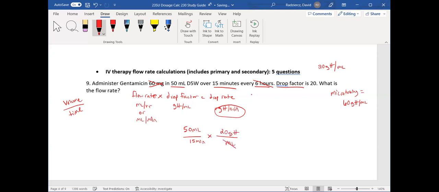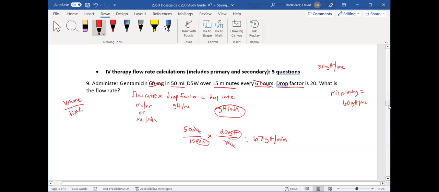And you can see that it's going to leave us with what we're looking for, drops per minute. So 20 times 50 divided by 15 gives me 66.6 repeating. Now, we can't give someone a partial drop, so you're going to round it to the nearest whole drop. So you'd say 67 drops per minute. And then you repeat that every 6 hours.